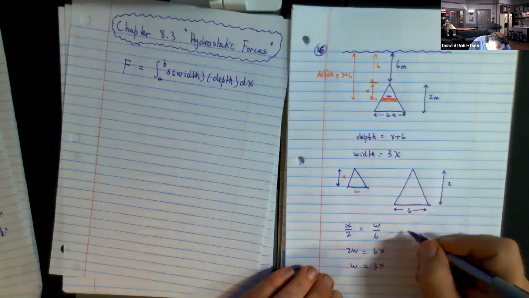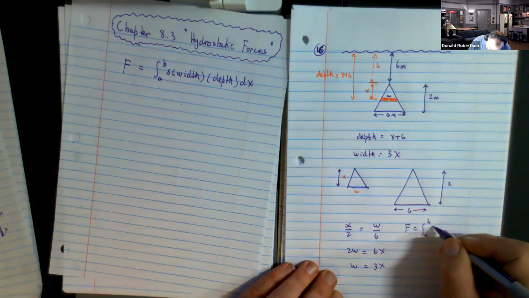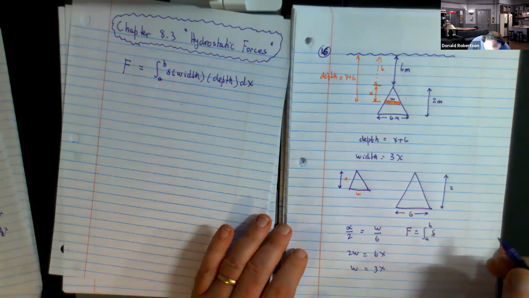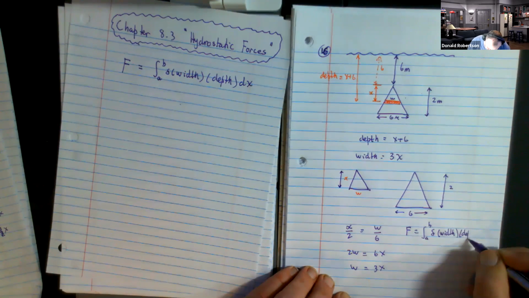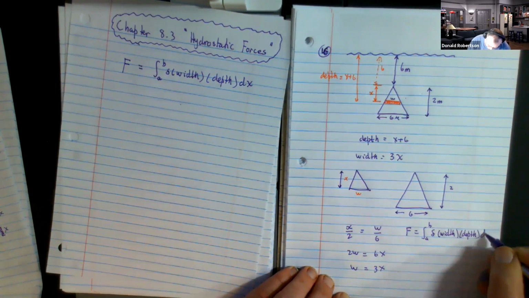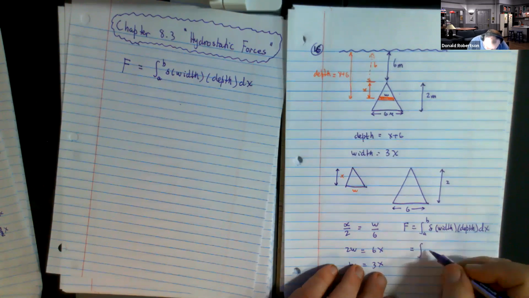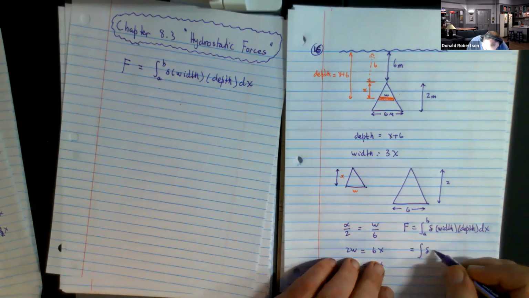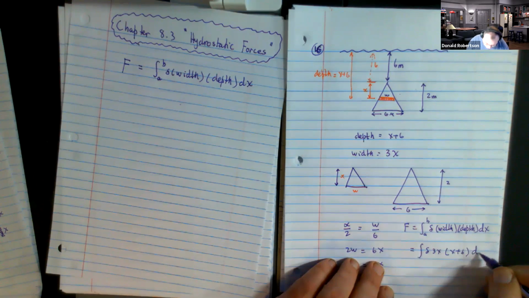So to get the hydrostatic force, it's going to be the integral from a to b of delta, the width, times the depth, dx. There's delta. Width is going to be 3x. Depth is going to be x plus 6, dx.